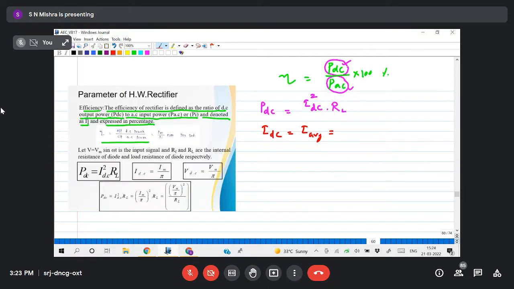So what is my time period? 2 pi. So 1 by 2 pi, integration 0 to 2 pi IL d omega t. I am directly taking omega t as the function.